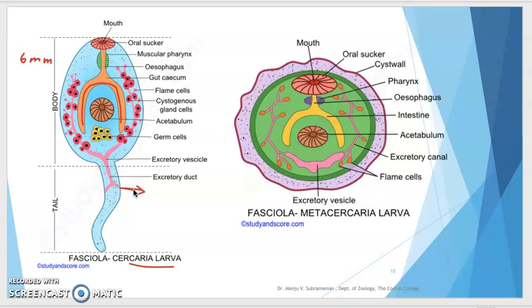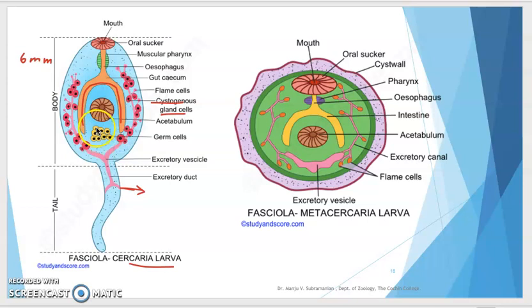The body wall contains many unicellular cystogenous glands. So here many cystogenous glands are present inside the body, which secrete a cyst in the later development, and the body cavity is filled with groups of germ cells.